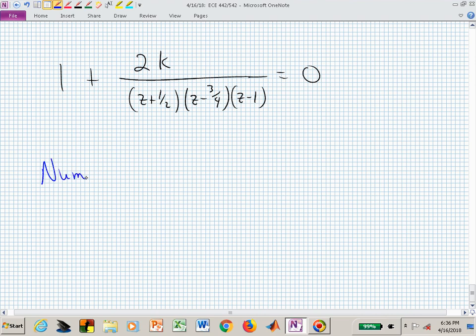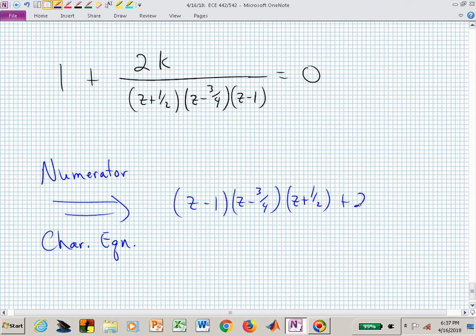Or, if I look at the numerator of that expression, that will be my characteristic equation. Which says that I'm now looking at z minus 1, z minus 3/4, z plus 1/2 plus 2k is equal to 0. And I want to now evaluate that at k equal to 0.1472. That was my eyeballed estimate and calculation of the gain k.